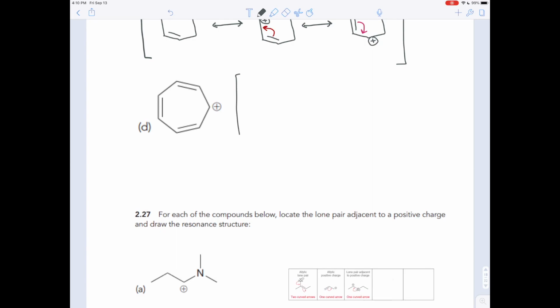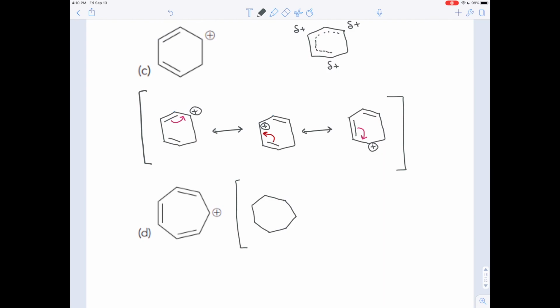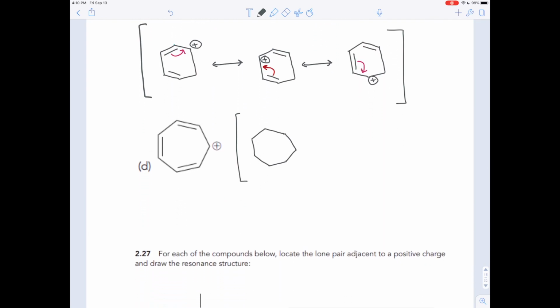Just for the sake of time, I'm going to assume that by this point you are able to calculate the formal charges on these carbons. And if you have trouble with that, just make sure you go back and follow each of the previous examples very carefully, step by step. So I'm not going to draw the hydrogens for this, just for the sake of time. But I do encourage you to draw them, especially as you're first going through this.